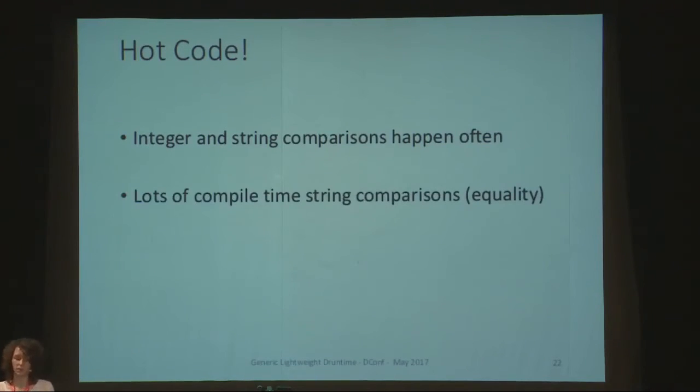A lot of string comparisons occur at compile time. And I know that because when I implemented string comparisons, I ended up with literally loads of errors. I changed something, and then all the places where the compiler would perform string equality comparisons, I messed them up. Well, they would appear on my bash, and it was not nice.